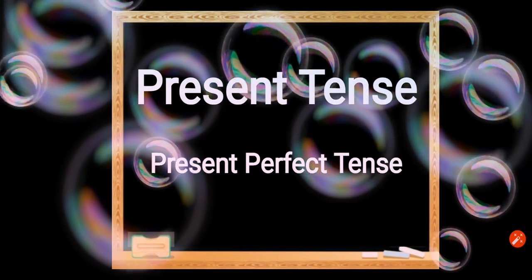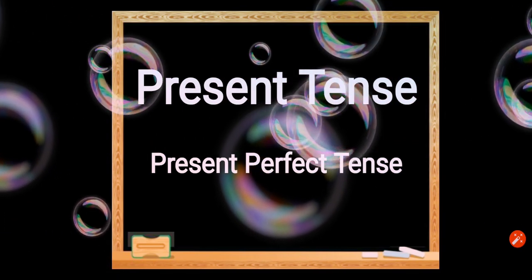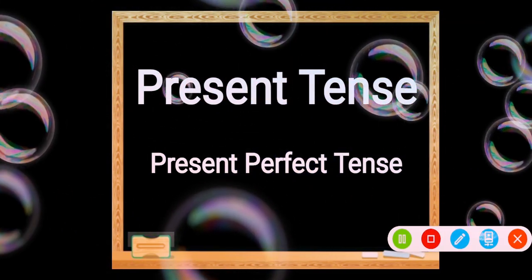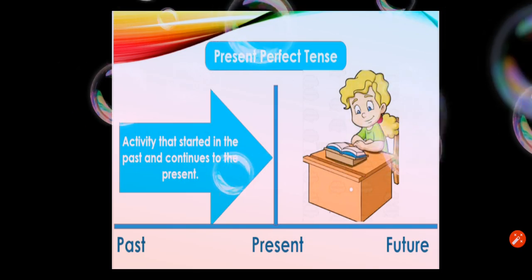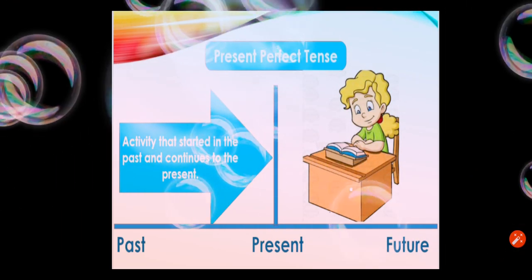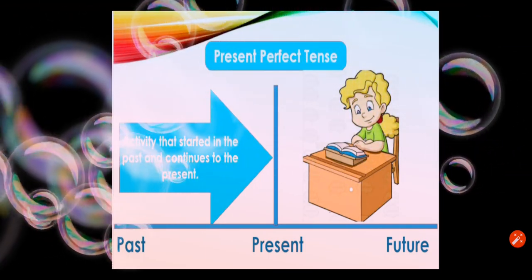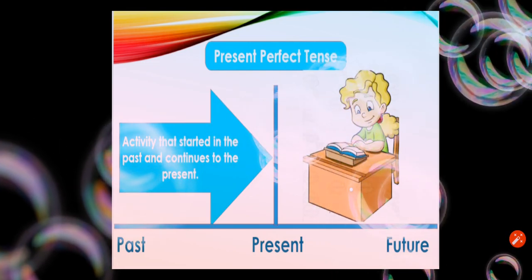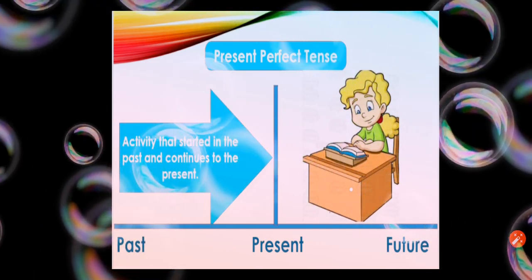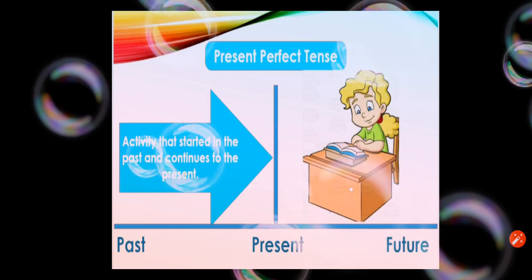Now we will discuss the next part of present tense, that is present perfect tense. Here you can see the arrow is coming from the past and continues to the present. This shows an activity which started in the past but still there is no result of that action.